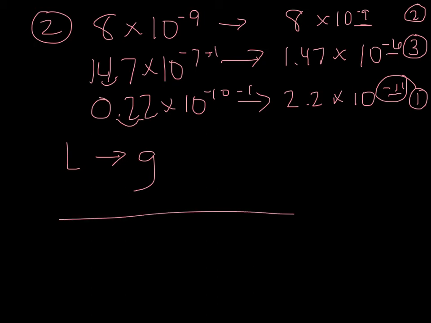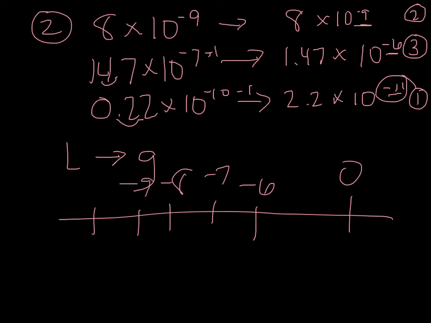Okay, if I got my number line out, 0, I'd have negative 6, negative 7, negative 8, negative 9, negative 10, negative 11. This is the smallest number, then it would go to this one, then it would go to this one. Okay, so again, I've got 1, 2, 3. When you write this down in your book, for doing your homework, you're not just going to be able to write 1, 2, 3.